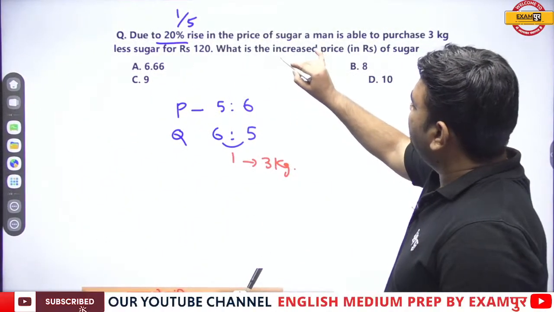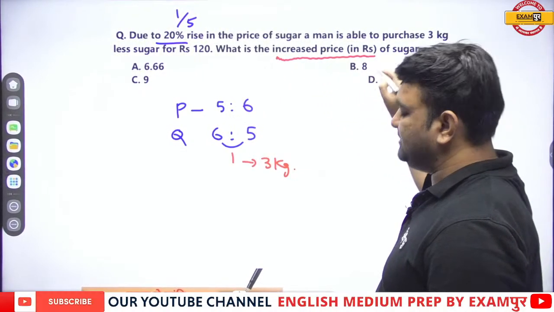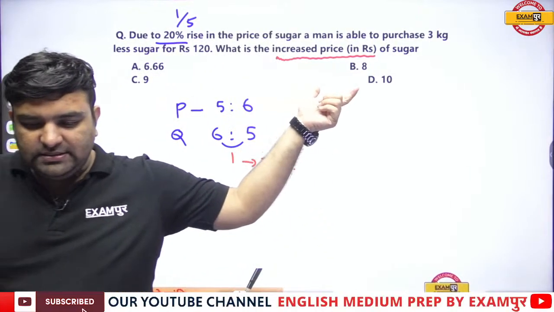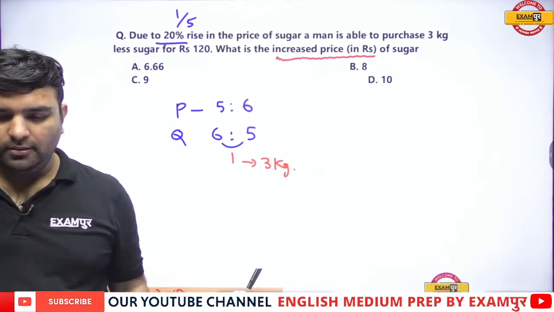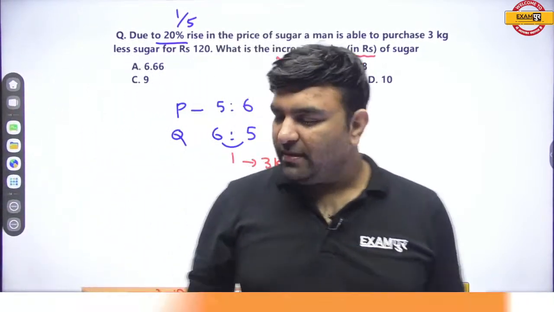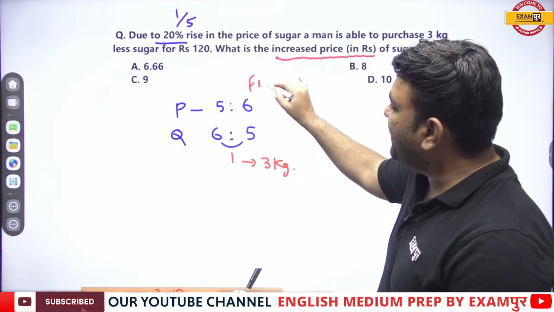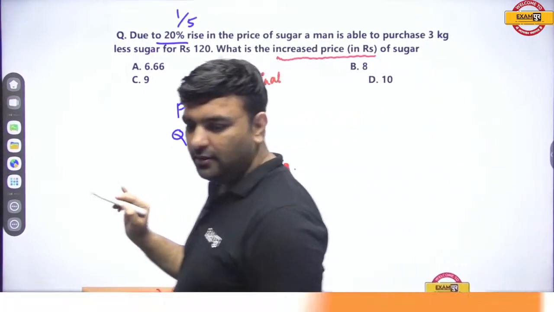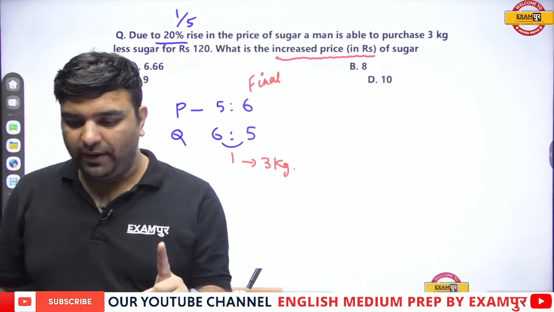Is the increased price the final price or the initial price? Come on, tell me. Final, because the price has increased finally. So you have to understand that the increased price is the final price, not the original price.